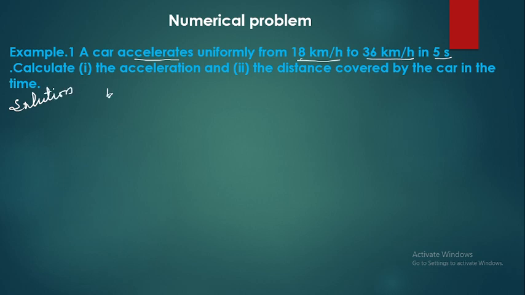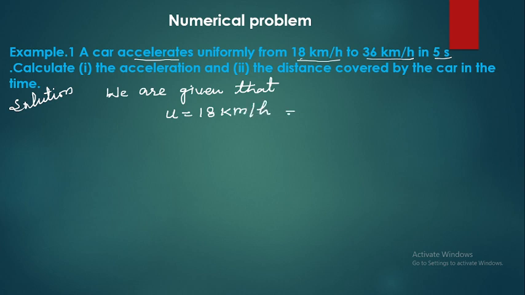Initially the car accelerated from 18 km per hour, so initial velocity u is equal to 18 km per hour.